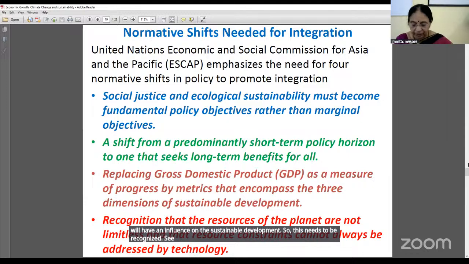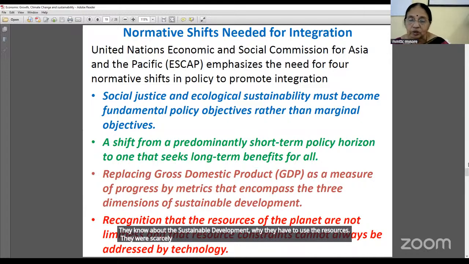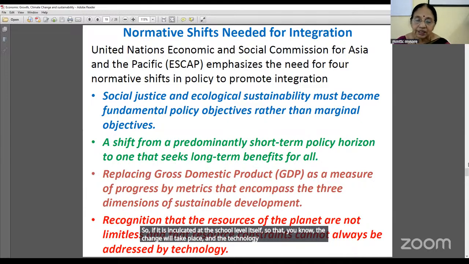In Japan particularly, even when kids are in school, they know about sustainable development, why they have to use the resources sparingly, and what should be done. If it is inculcated at the school level itself, the change will take place, and the technology also goes hand in hand.